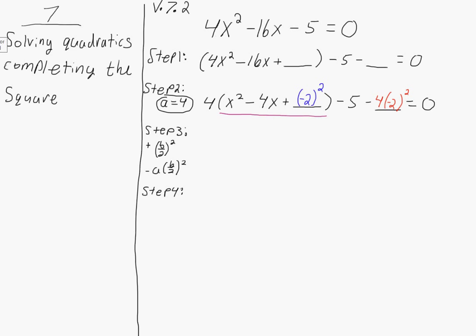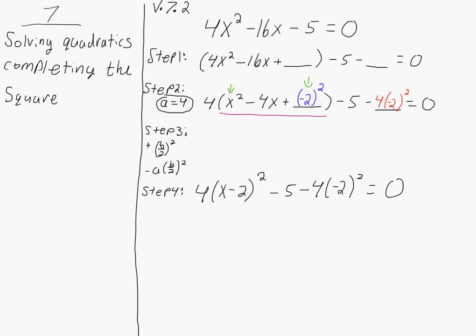So we can just rewrite that by noting this number and this variable. With those two in mind, this just becomes the 4 in front, open parentheses, x minus 2, close parentheses, squared. And then I still have what's left outside of here: minus 5 minus 4, open parentheses, negative 2 squared, equals 0.